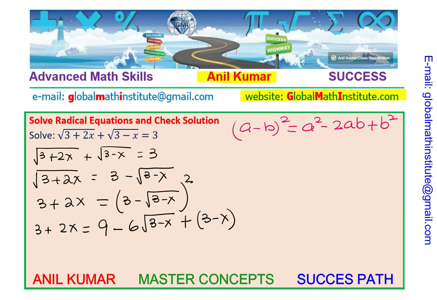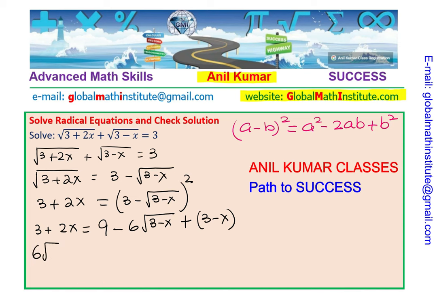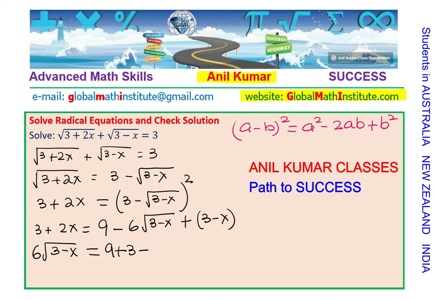But still, we do have a radical sign. You see that? So we'll bring that to the left hand side. So we get 6 square root of 3 minus x equals to the rest of the terms, which we bring here: 9 plus 3, open the bracket, minus x. So these terms: minus 3 minus 2x. Clear? Perfect.